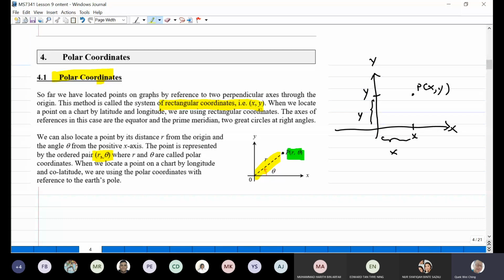And then theta is what? Theta is measured always from the positive x-axis anti-clockwise. So the theta here is measured from the positive x-axis and anti-clockwise.